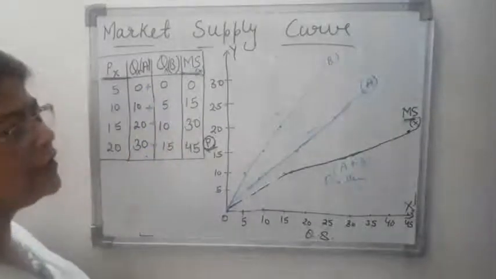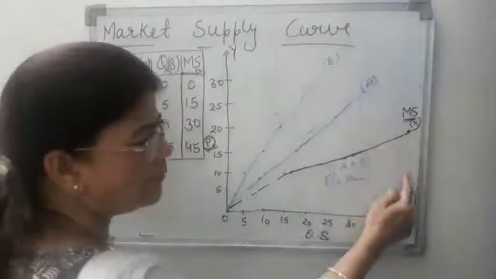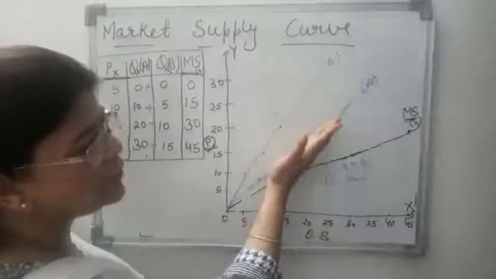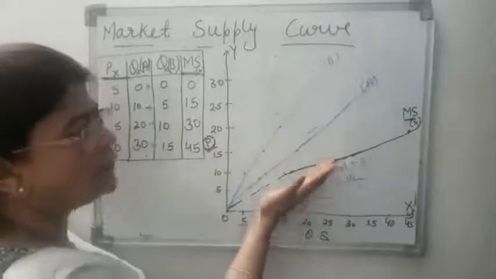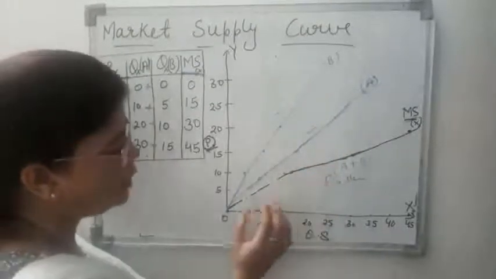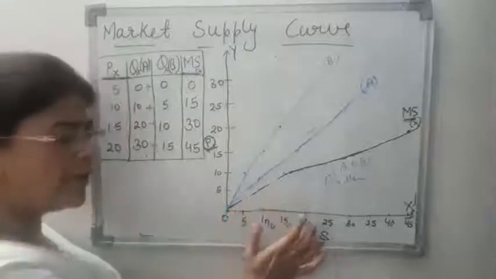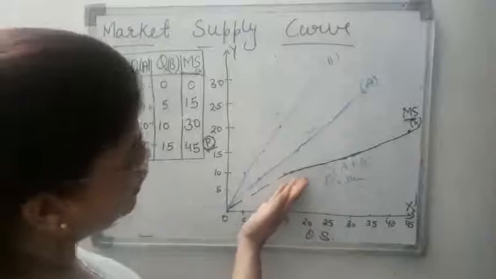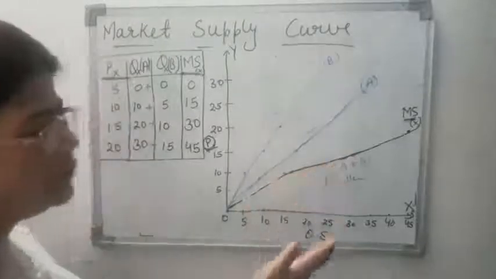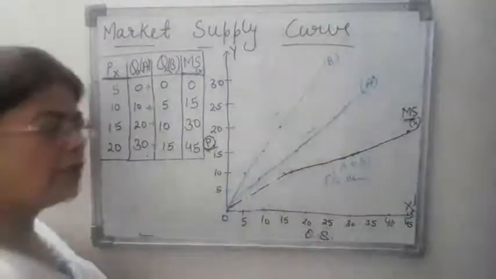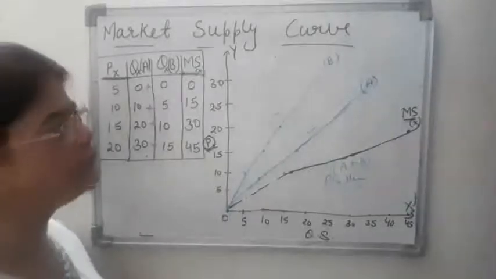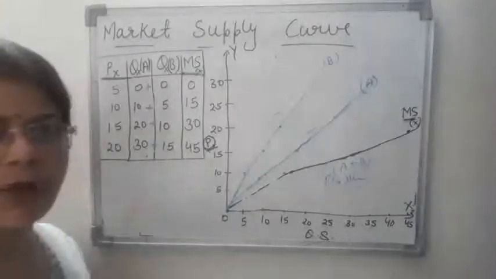So that is why the market supply curve we have got here is flatter than the individual supply curve. When we draw by taking the proper scale, we get a straight line curve. Supply curve is a straight line curve, as our individual supply curve shows the positive relation between price and quantity supplied.